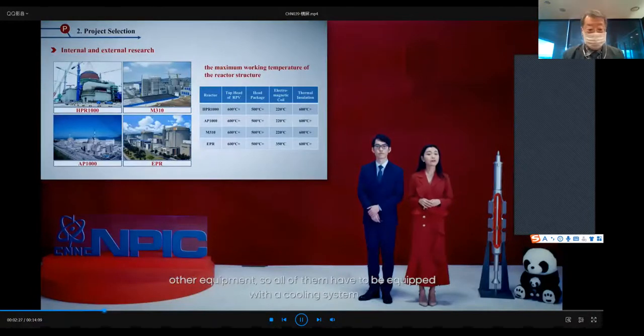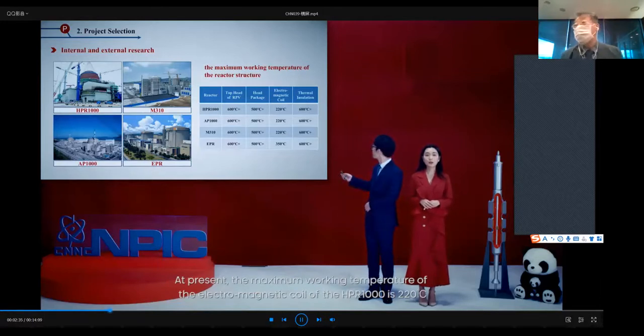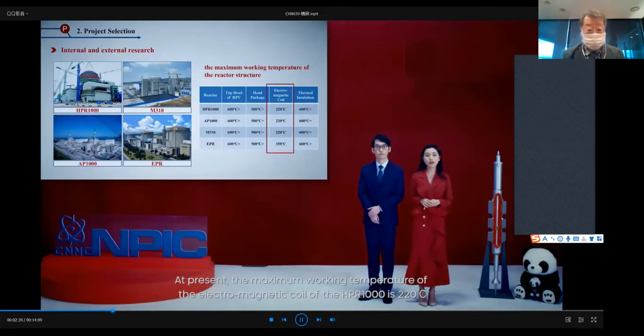So all of them have to be equipped with a cooling system. At present, the maximum working temperature of the electromagnetic coil of HPR 1000 is 220 degrees centigrade. It also cannot be operated normally without a cooling system.